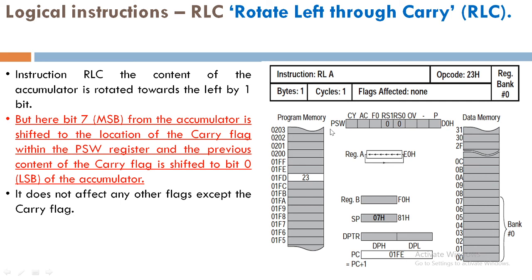If I call RL A, whose opcode is 23, there is no relation between the PSW and the content of register A. Here the 8-bit content of register A gets rotated by 1 towards the left, inside the accumulator A. So if you again push this instruction into a loop, you will be able to rotate the data towards the left, inside register A. Again, none of the other flags get affected, including the carry flag.